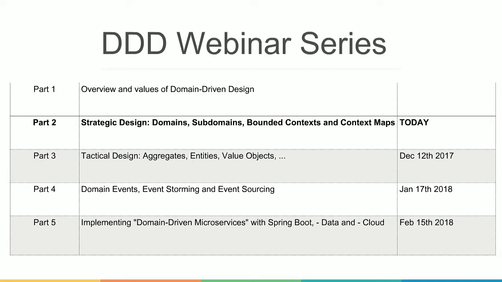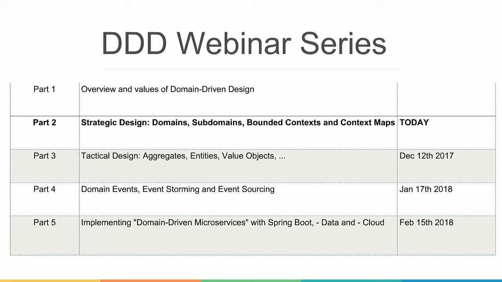In a month, on December 12th, we're going to talk about tactical design: aggregates, entities, value objects. That means we're going to look into the structure of bounded contexts, when we implement, let's say, a microservice, how the inner parts are going to look. And in the fourth part, on January 17th, it's all about event-driven architectures, domain events, event sourcing, and event storming as a workshop format.